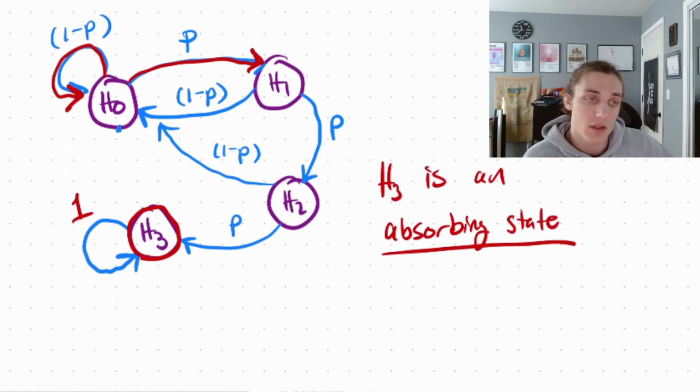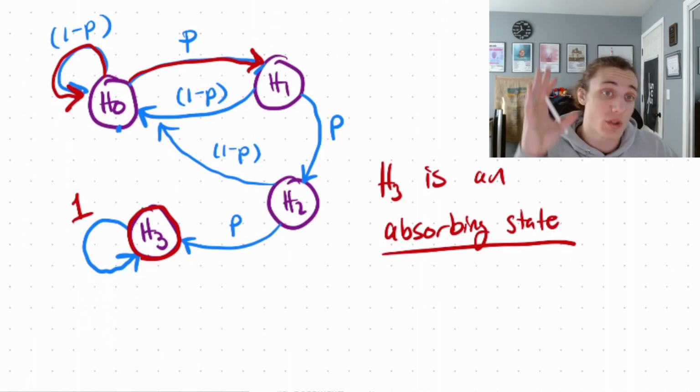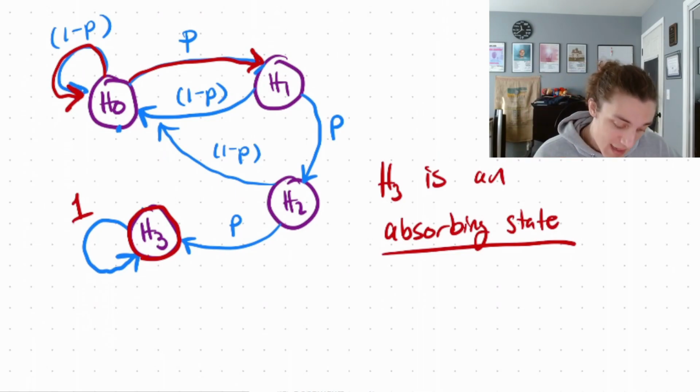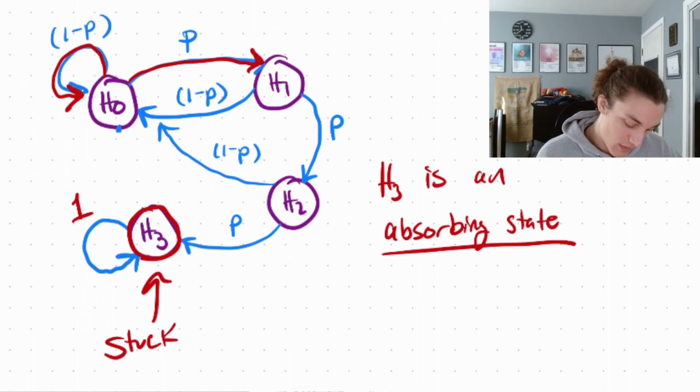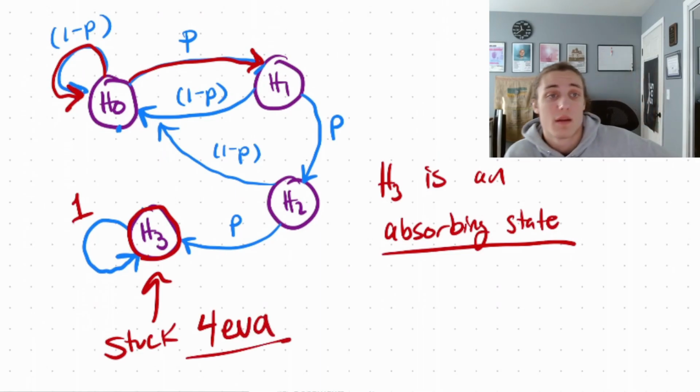I'm going to end up in H3, right? If I flip a coin forever, eventually you're going to get a chain of 3 heads, and you're going to be stuck here forever. Okay? That's what an absorbing state is, at least in this particular context.